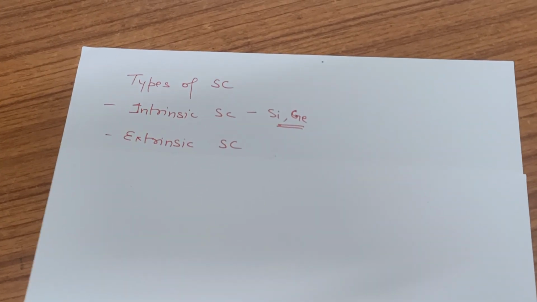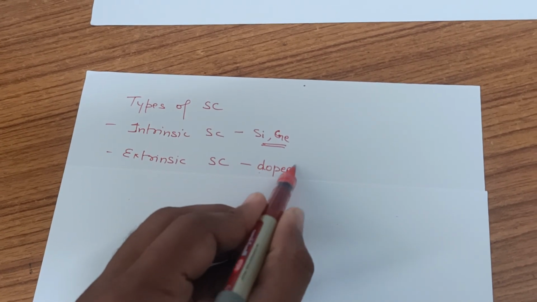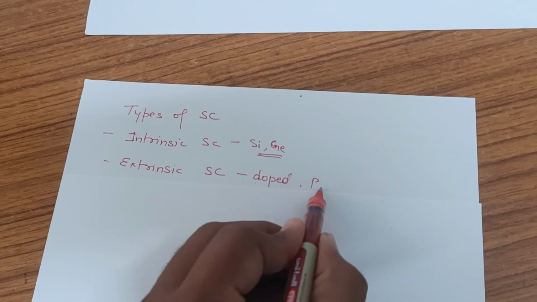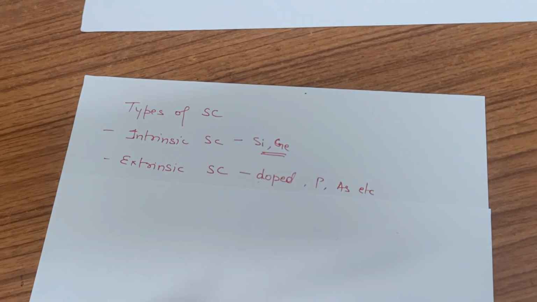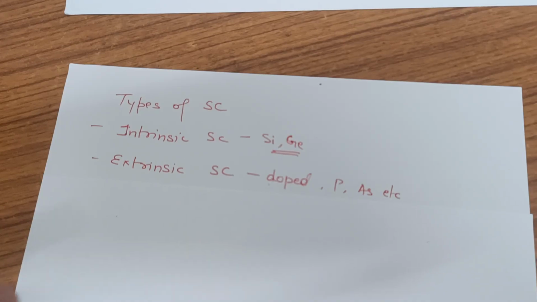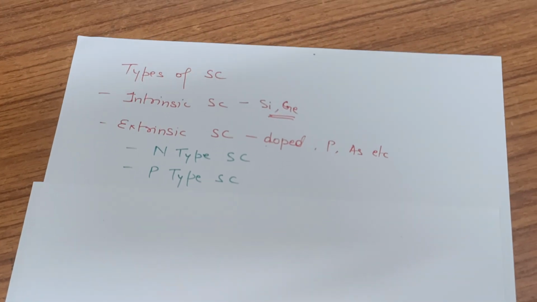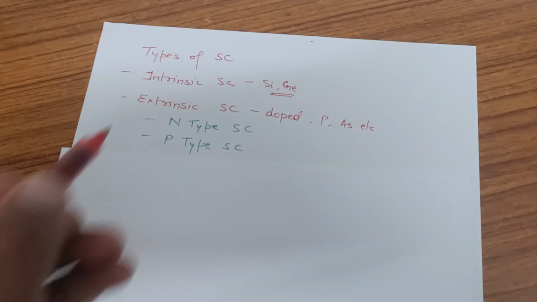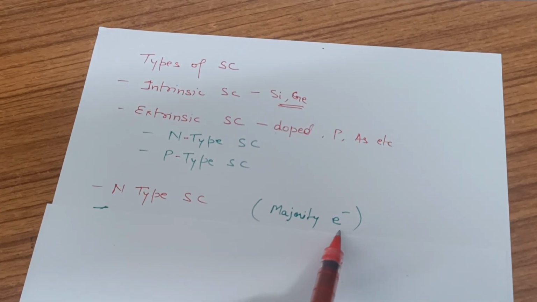In the extrinsic semiconductor, we dope impurities like phosphorus, arsenic, etc., to make free electrons inside the semiconductor. In the extrinsic there are two types of semiconductor, the n type and the p type. In the n type semiconductor the majority carriers are electrons.